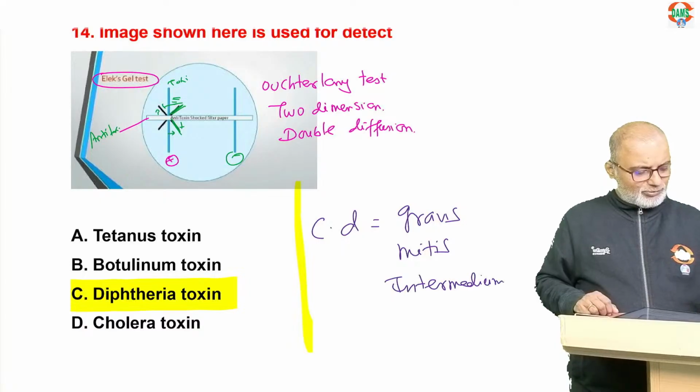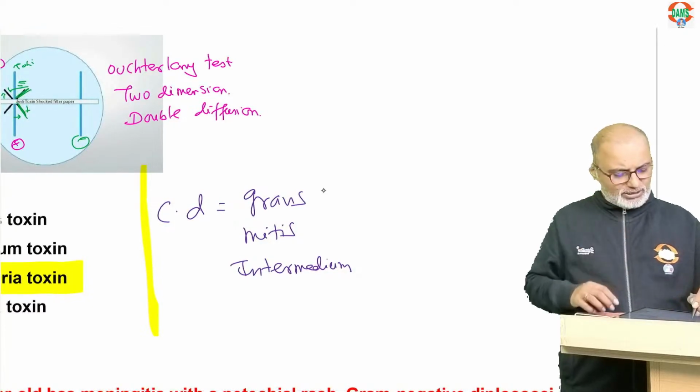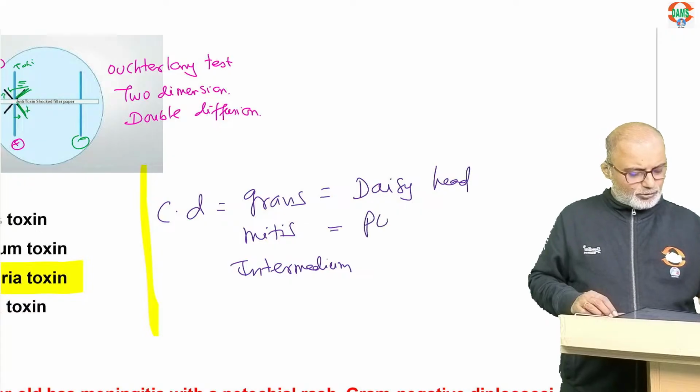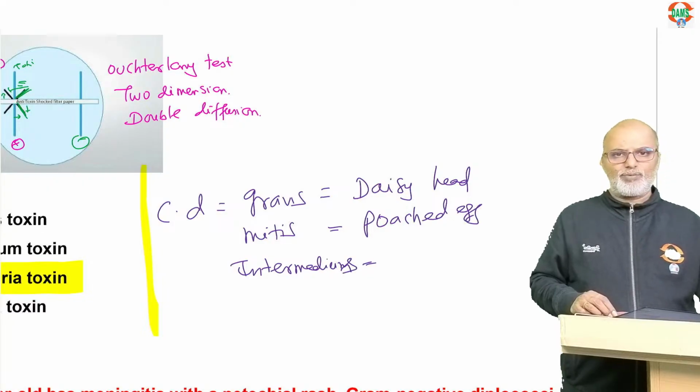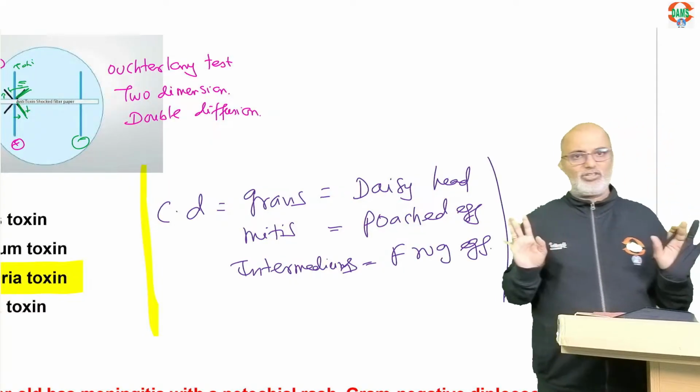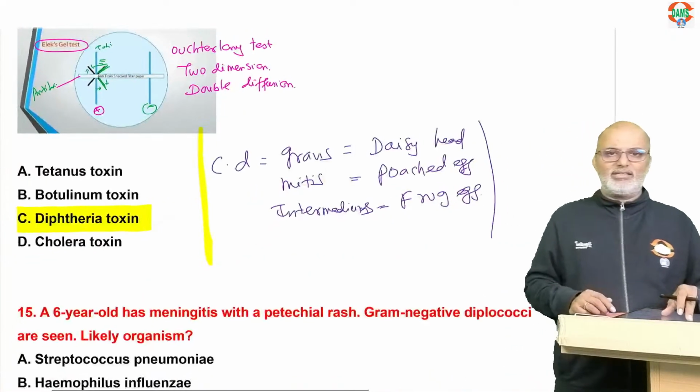If you want to remember, gravis produces daisy head colony, mitis produces poached egg colony, intermedius produces frog egg colonies. If you want to remember, otherwise not mandatory. Okay.